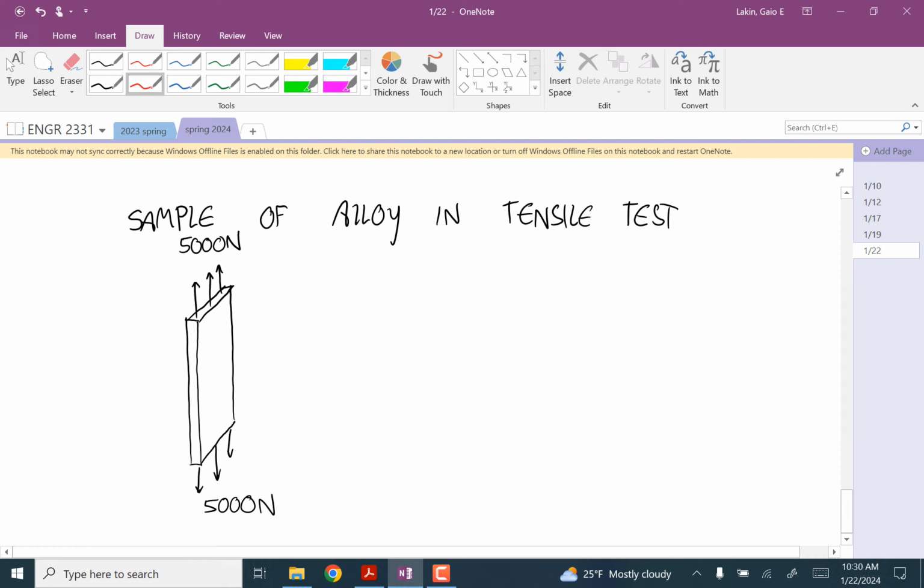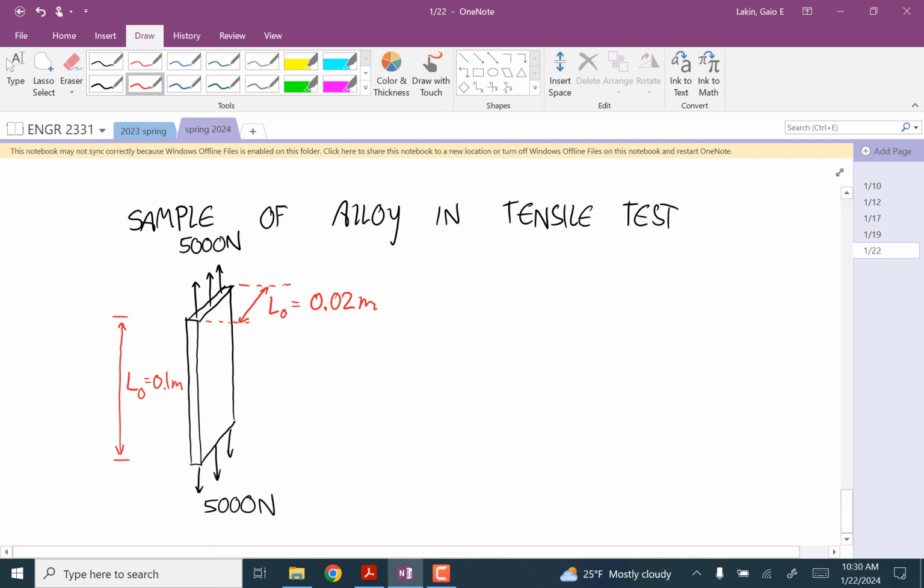Before the deformation, the length this way is 0.1 meters. The length this way is 0.02 meters, 2 centimeters.